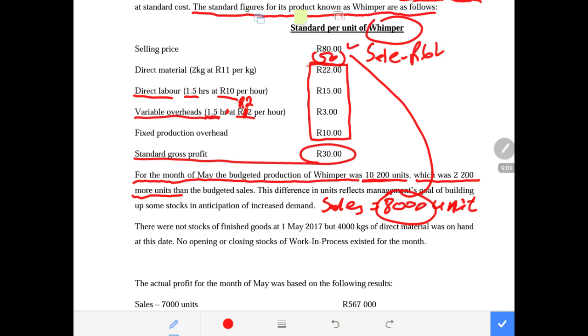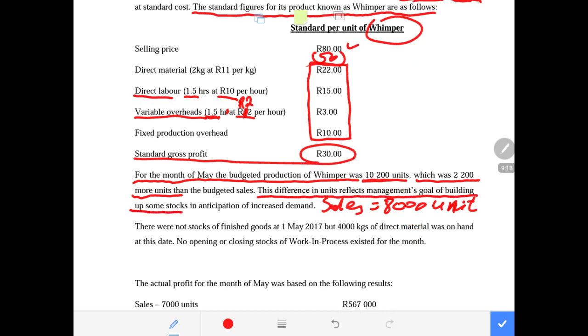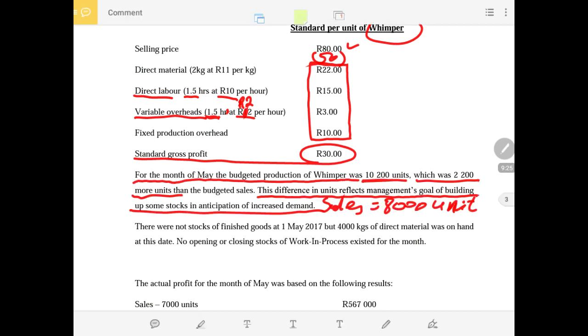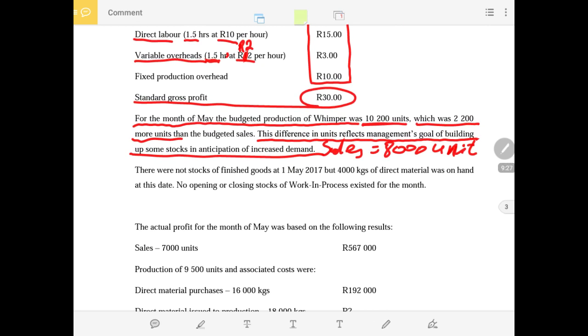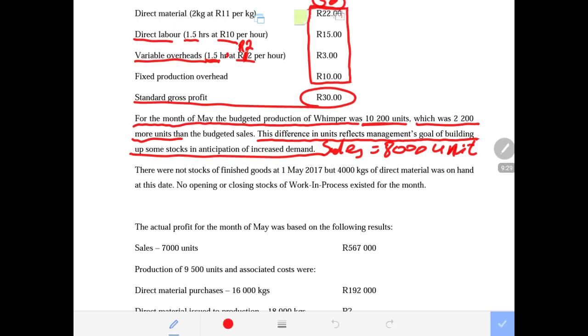Then after, we still compile all of this when we do the income statement. This difference in units reflects management's goal of building up some stocks in anticipation of increased demand. So that is the reason why the production is bigger than the budgeted or expected sales.